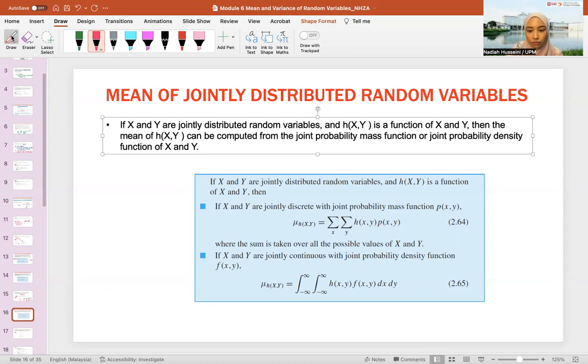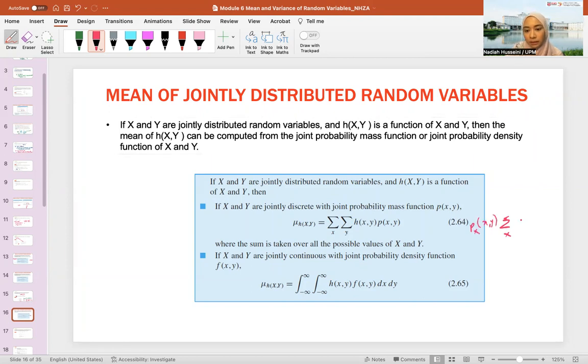Okay, let me try to recall for you. Previously we were talking about the marginal probability distribution, and this was the equation.